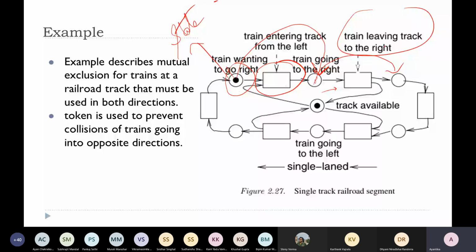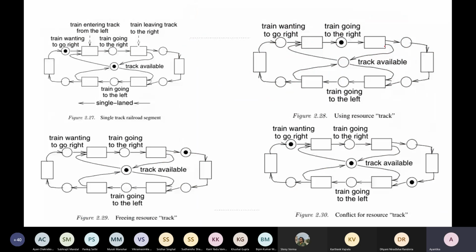Now we will see these few properties of Petri, why it is important nowadays. So maybe you can work with this example and you can go see when there are different types of transition conditions, how the state is changing. And this is a very important example, because if you actually follow this direction, if you work out this example, you will see how this Petri, this modeling technique is useful to avoid collision.